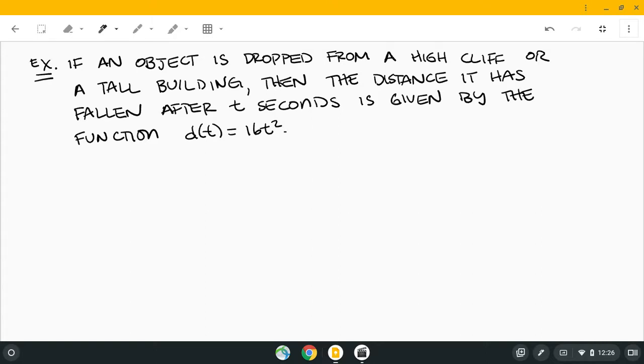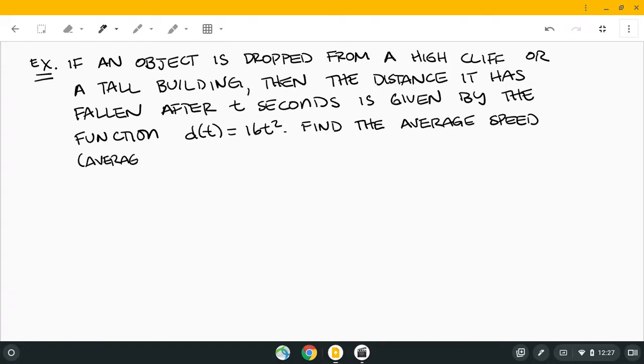All right, so let's go ahead and find the average speed, which is the average rate of change. So let's write that down.